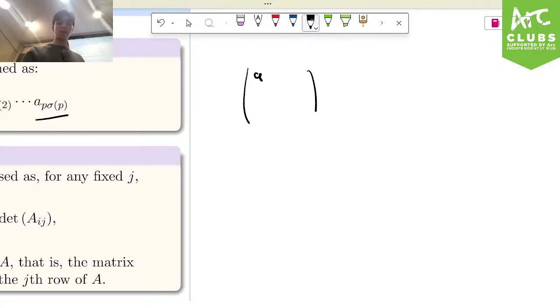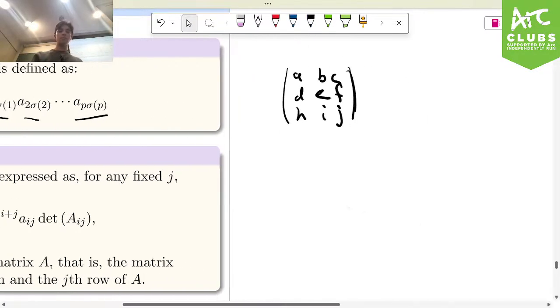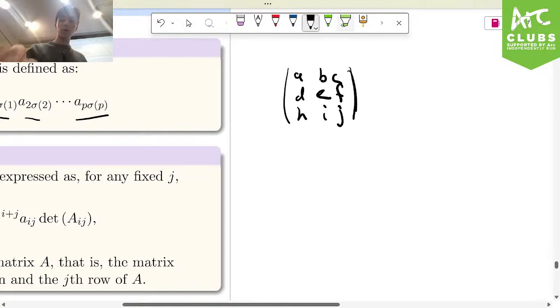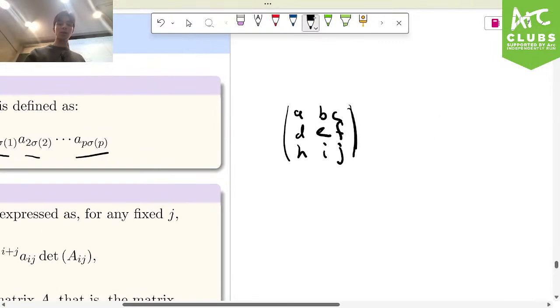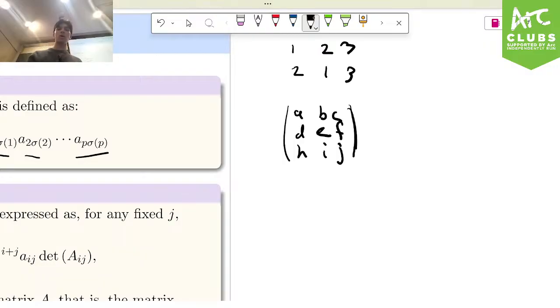Maybe to visualize this, right? A, B, C, D, E, F, H, I, J. For each term in this sum, you're going to be choosing a permutation first of all, right? So 1, 2, 3. Maybe our permutation is 2, 1, 3, right?